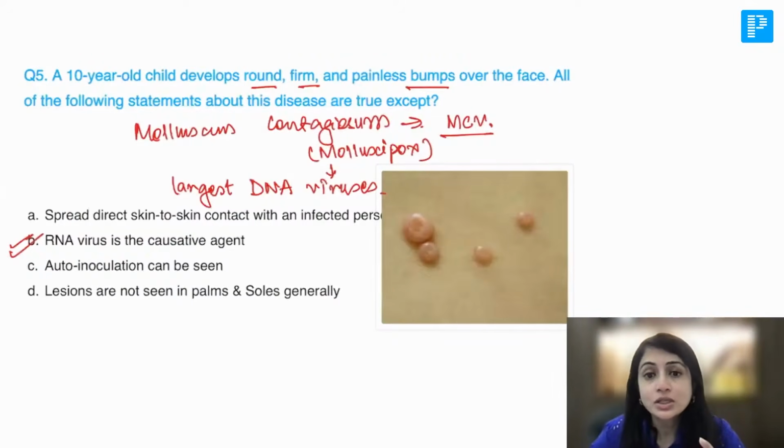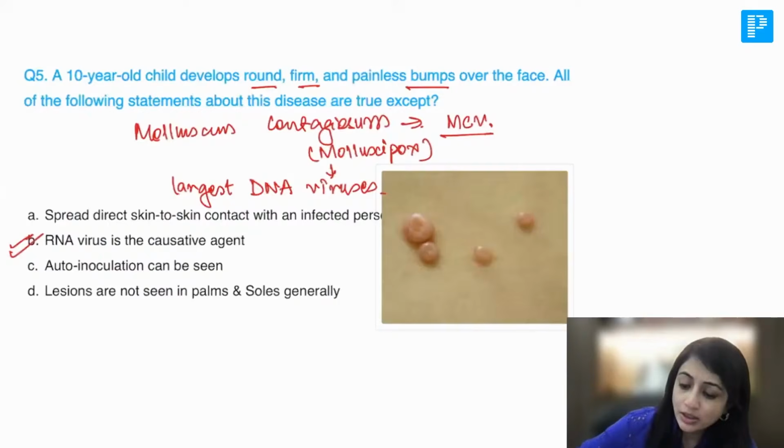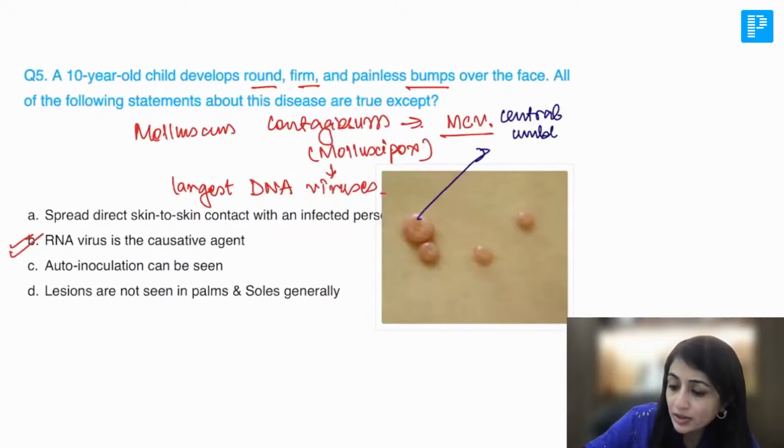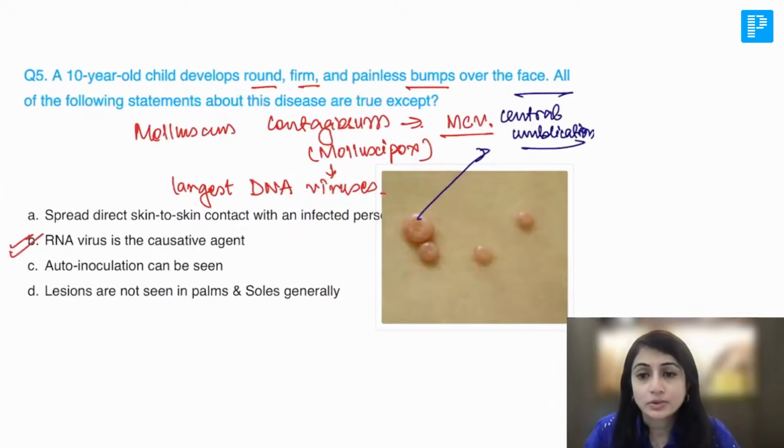How do you know this is molluscum? When you look at the lesion, you have painless lesions on the face. And if you see the lesions, you see a central umbilication, which gives away that it is molluscum contagiosum. So central umbilication is a classical thing about molluscum contagiosum.